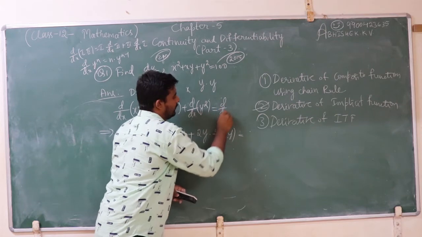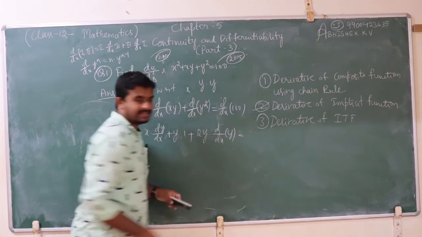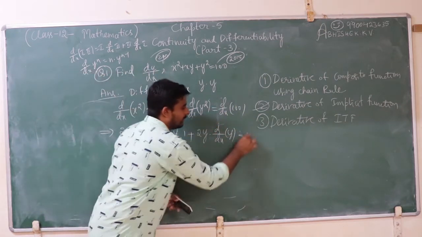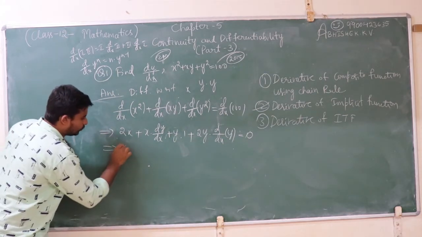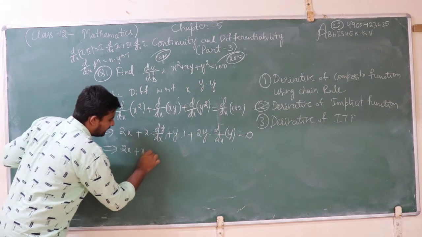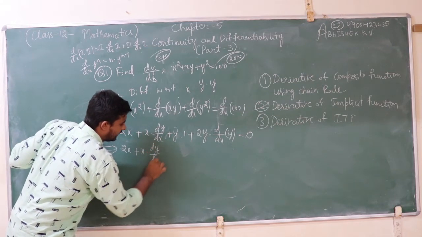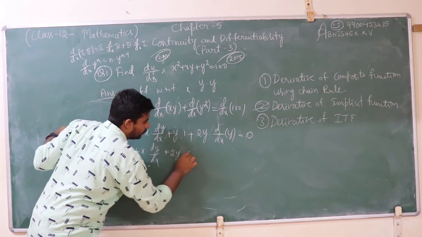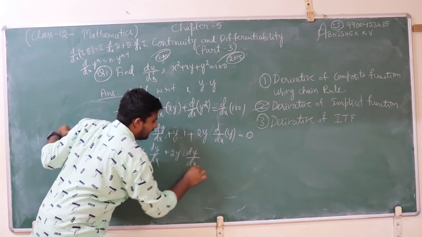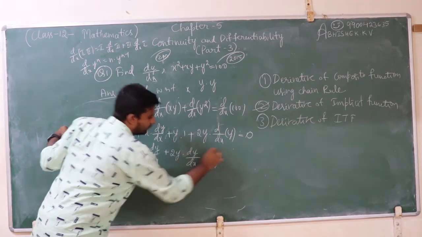We need to apply the derivative of this constant also. The derivative of a constant is 0. Then this becomes 2x plus x into dy by dx, plus 2y into dy by dx plus y.